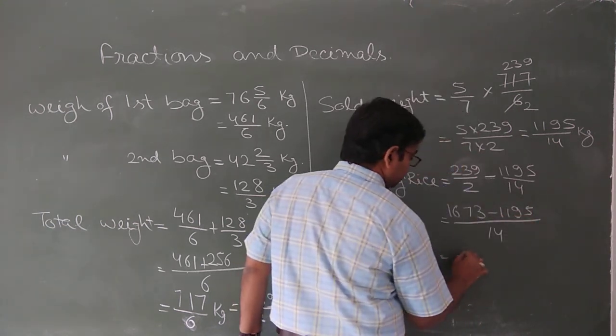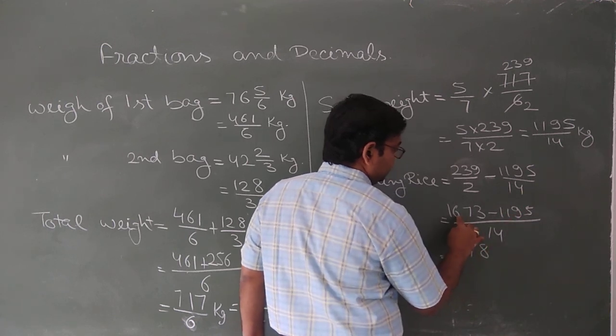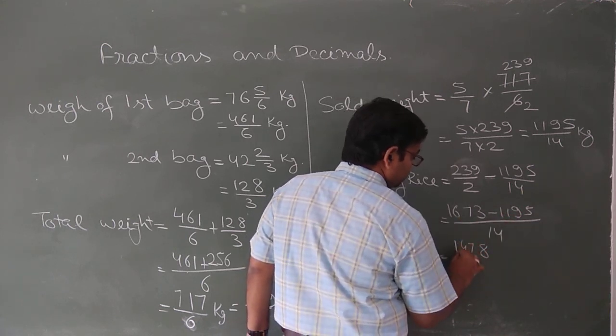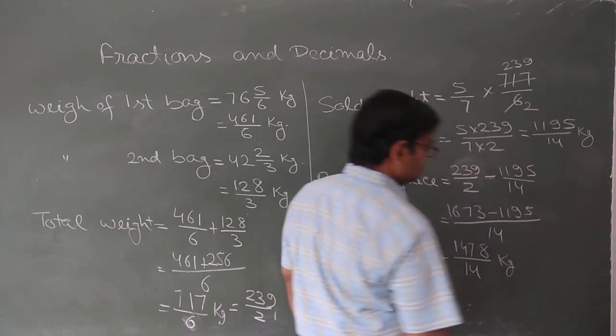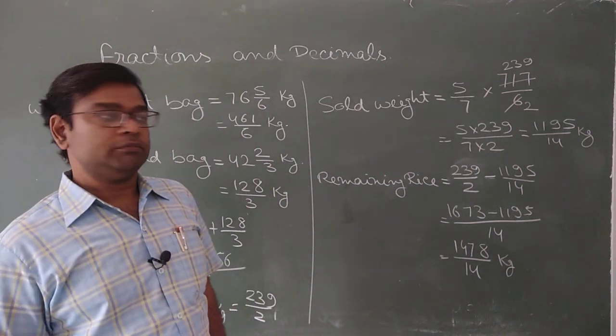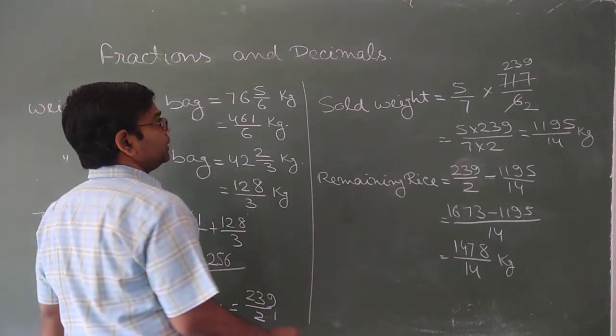It's 13 minus 5, 8, 16 minus 9, 7, 5, 5 minus 1, 4, so 478 by 14 kilogram. You can convert it into a mixed fraction.